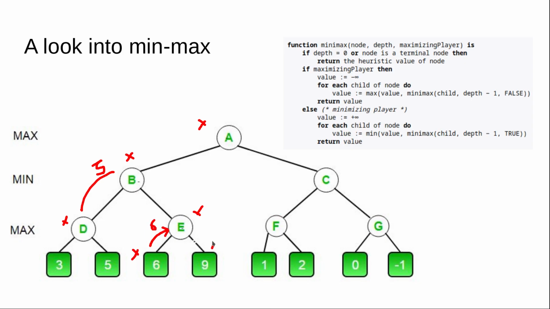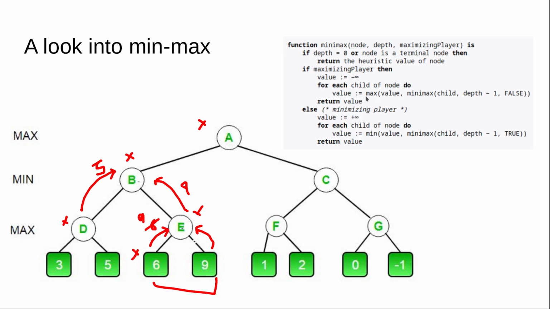Then this part returns an evaluation score of 9. So 9 is greater than 6, and this value gets updated. Now I have explored both of my nodes, so I would be returning this value back to the minimizing player.